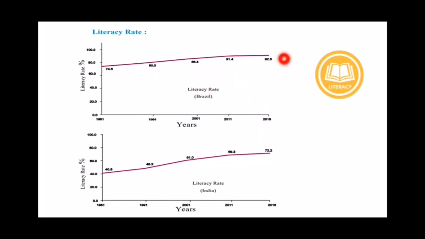In 2016 it was standing at 92.6 percent in Brazil, whereas it is 72.2 in India. So we are a bit far away from Brazil, but still we are increasing, and it should increase because it shows the progress of a particular country.